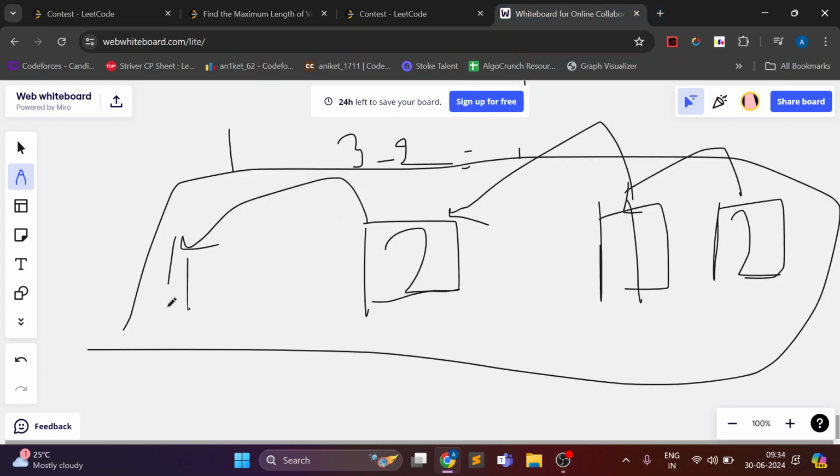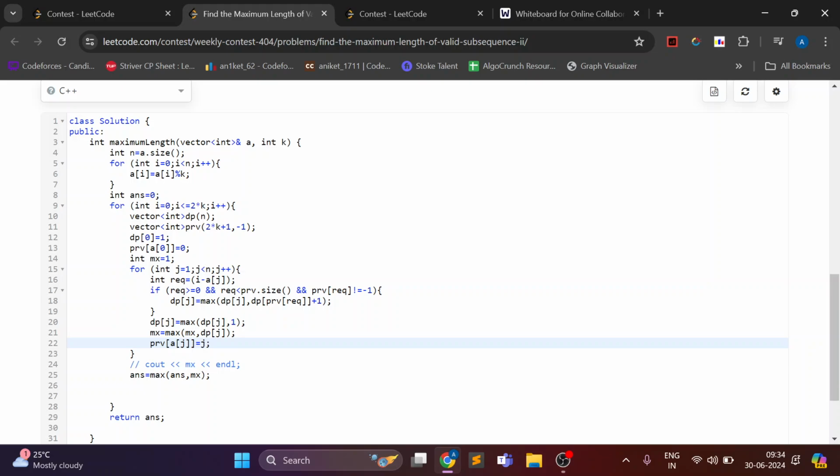If it is the first element and we don't have any previous, I have to initialize it with 1, and then I'm just taking max with mx and dp of j for storing the subsequence length, updating the previous element, and finally taking the answer with max.